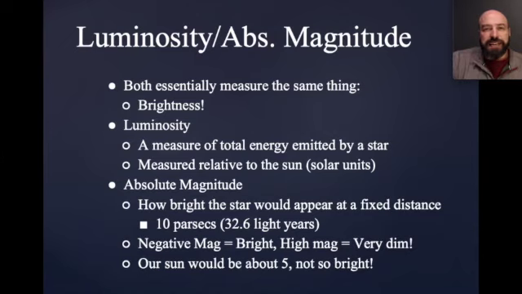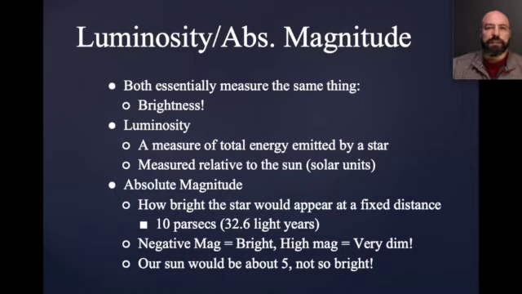So as far as luminosity and absolute magnitude, they are related to each other. They're both related to brightness. They're just different ways of measuring it. Luminosity is a measurement of the total energy emitted by the star, and it's measured relative to our sun. So our sun would be 1 solar unit, and we could determine others based on that. Absolute magnitude is how bright a star would be if it was 10 parsecs from our Earth.